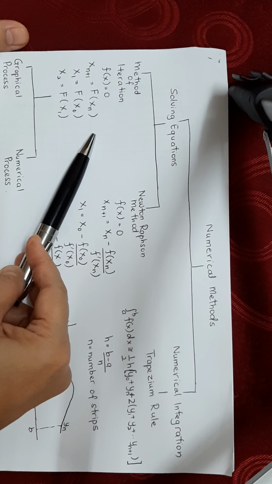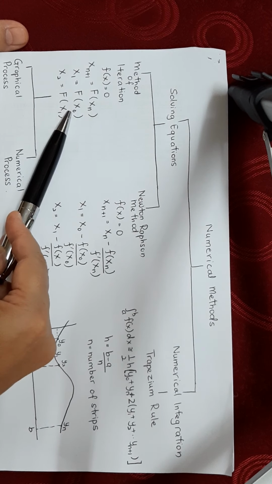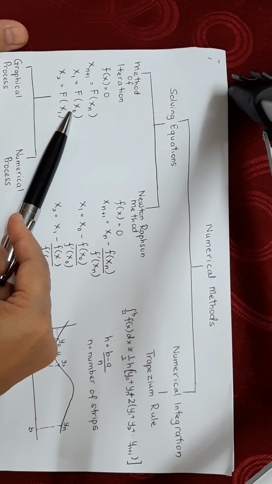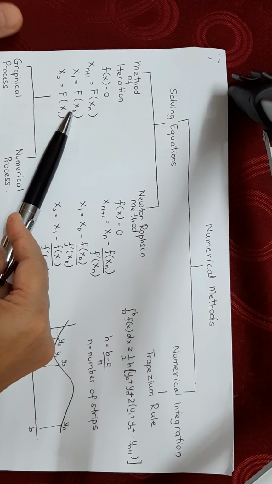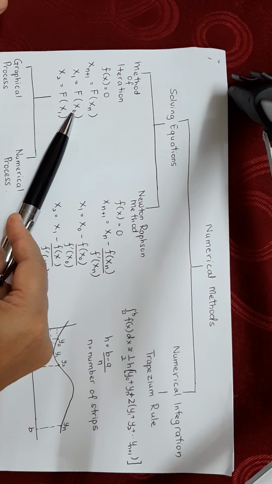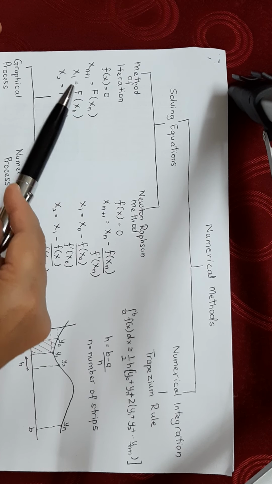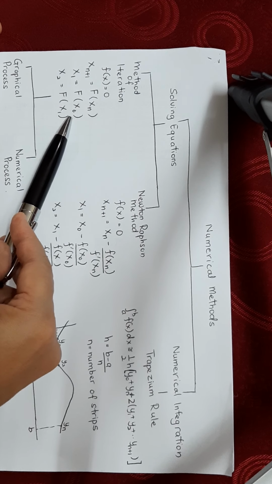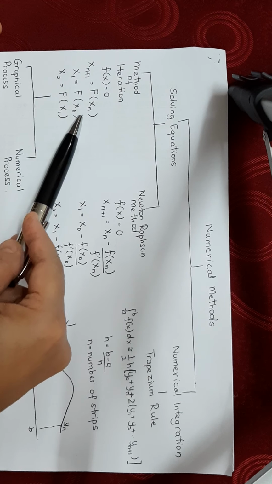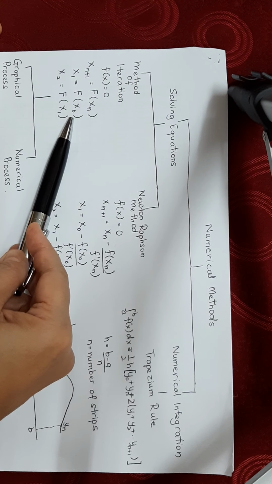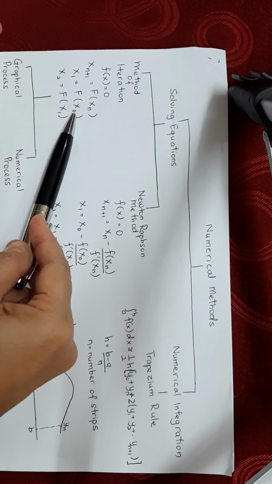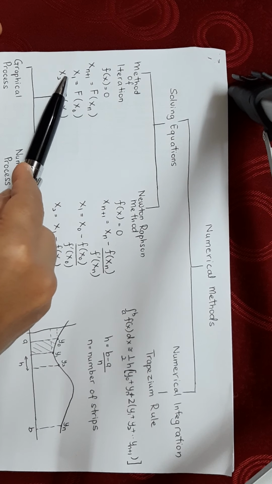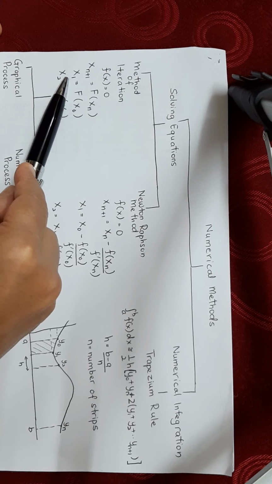Once you have that, approximate the value of x naught, roughly close enough to the real root that you want to find. Your first approximation will be your x naught substituted into your capital F(x).